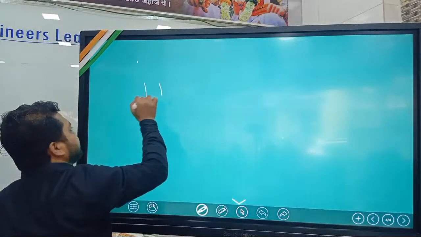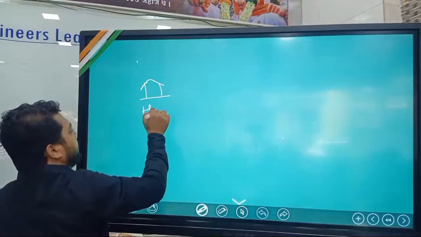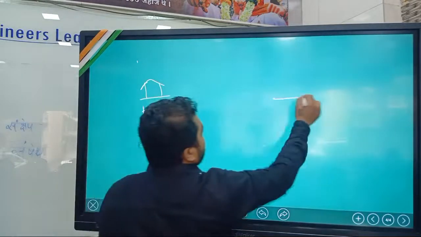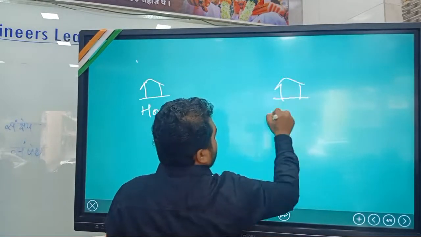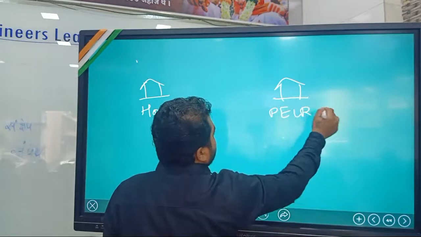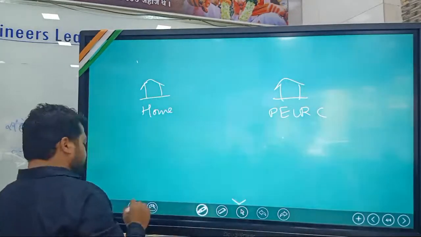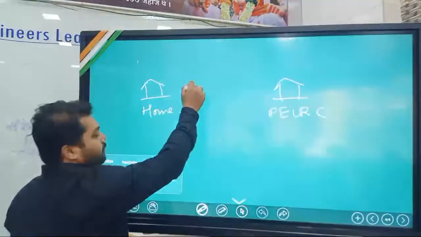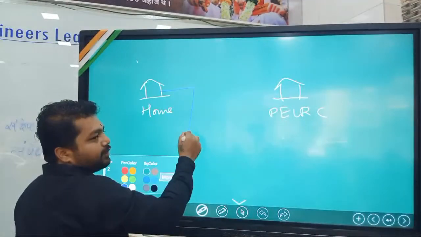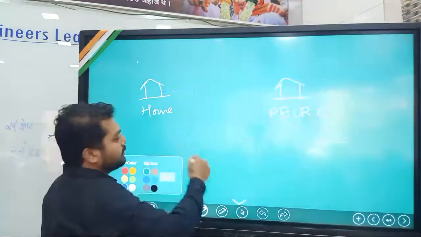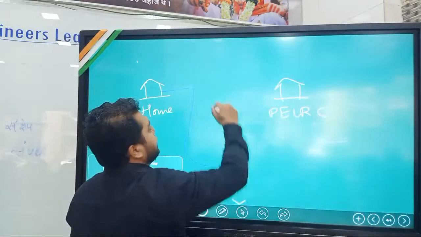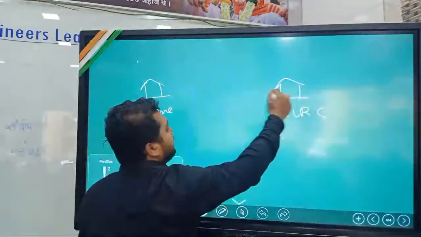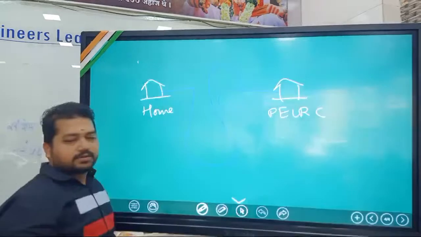Okay, so let us take an example. This is your home. This is our center. From this home to the center, you may get down from your building, then you may cross the road, you may pass the circle, then something else, and then you reach the center.